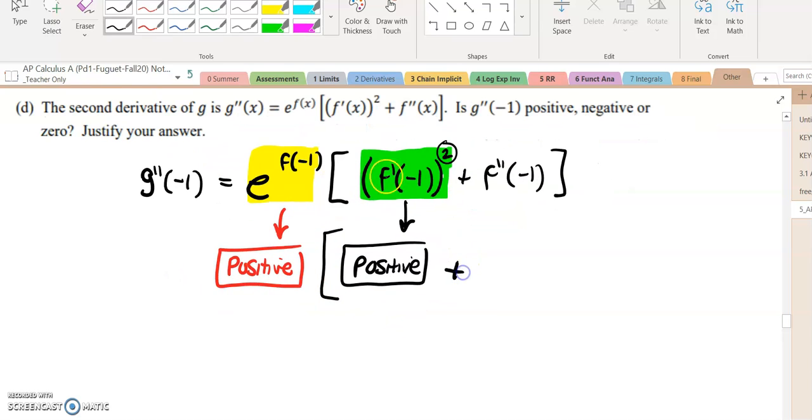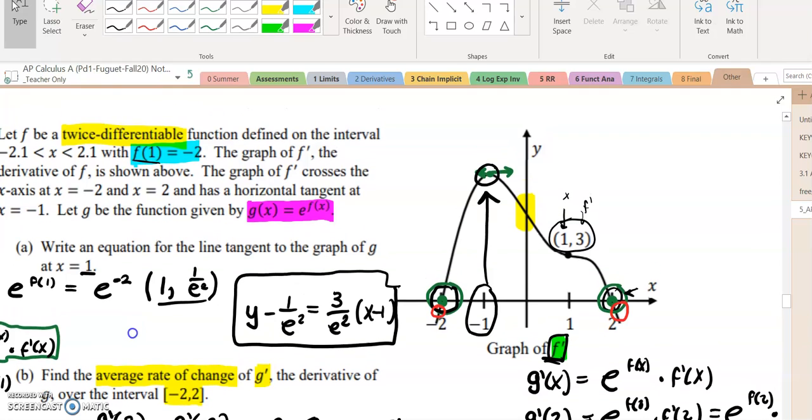And then our final term here, which I'm going to highlight in purple, f double prime of negative 1, is the slope of f prime. So I'm going to write that down. That is the slope of f prime. So we have to look at what the slope of the curve is when we scroll up here. And the slope of f prime at negative 1 was actually explicitly given to us. It was right here.